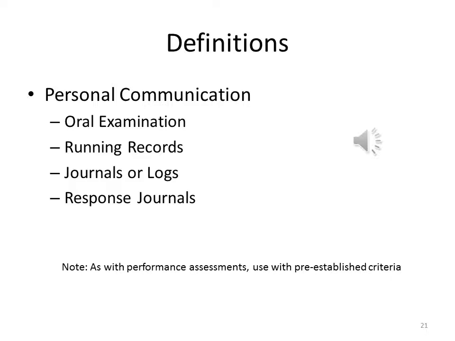It's where the student and the teacher are communicating with one another in some defined way, such that the teacher can make judgments on student performance. As with performance assessment, you need to have a rubric or pre-established criteria prior to this type of assessment.